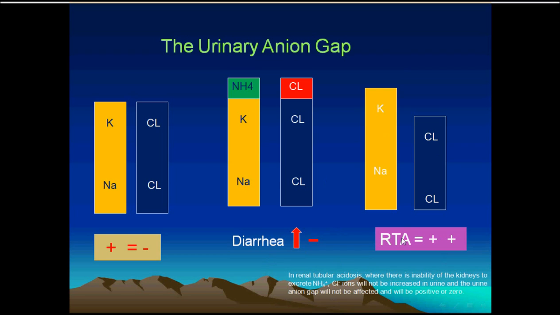But in case of renal tubular acidosis, whether it's type 2 or type 1, where there are excessive secretions of potassium or excessive secretions of sodium in the form of sodium bicarbonate, these will be more than chloride, so the difference would be positive. So a positive urinary anion gap means renal tubular acidosis, and a negative urinary anion gap means diarrhea.